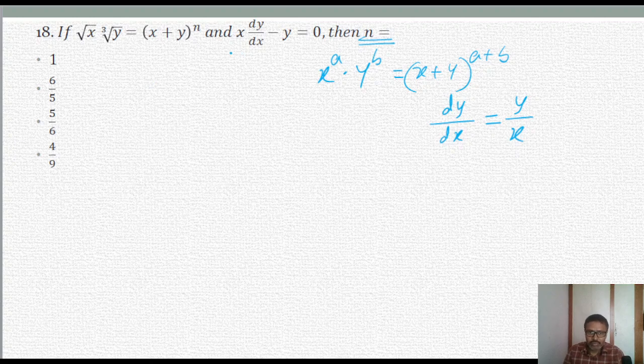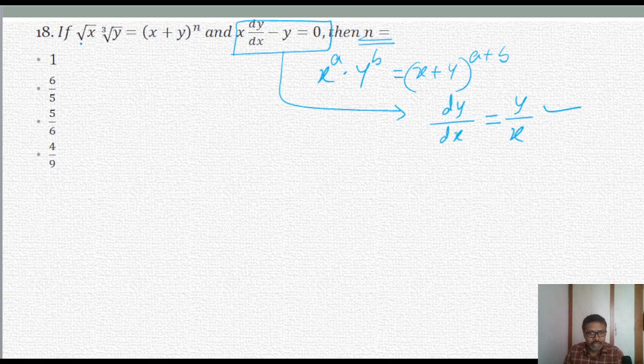Now what is given here for you? One more condition, the same you have here. You shift y to the right hand side and x into the denominator, again you will get dy by dx is equal to y divided by x.